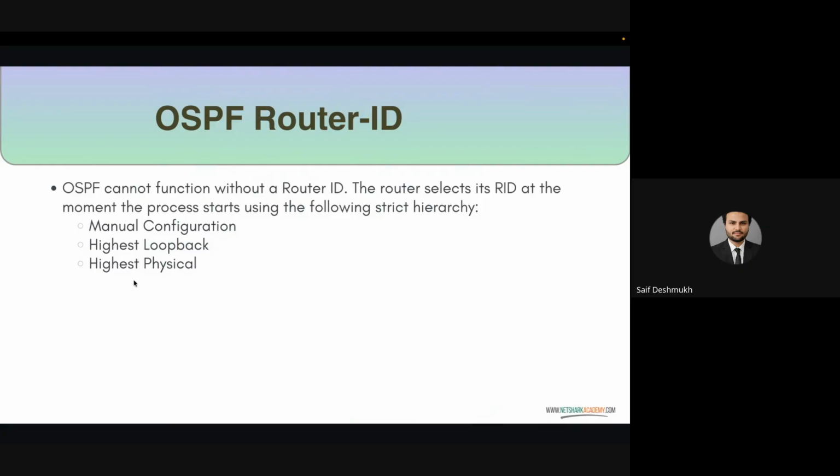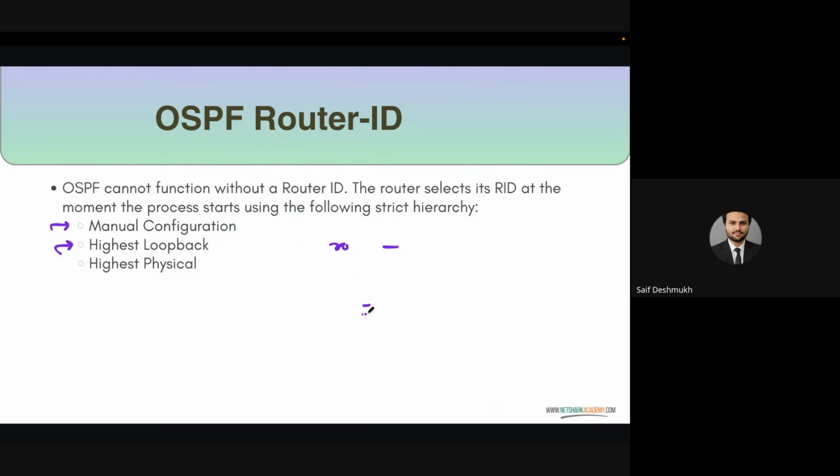First of all, it checks if you have configured any manual ID under the router configuration. A simple command is there, router-id, and then whatever ID you want to configure. If you haven't configured one, it tries to find if there are any loopback interfaces.